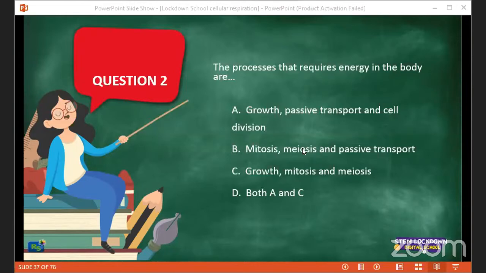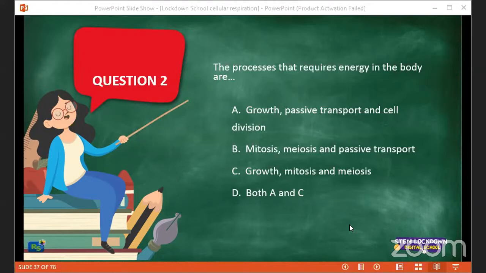Meiosis is a form of cell division, but passive transport does not require energy. Therefore, B is also out of the picture. Then we look at option C, growth, that requires energy because that is a form of cell division. So that is correct. D is incorrect because we have already ruled out A. So the answer to this question is C, growth, mitosis, and meiosis.